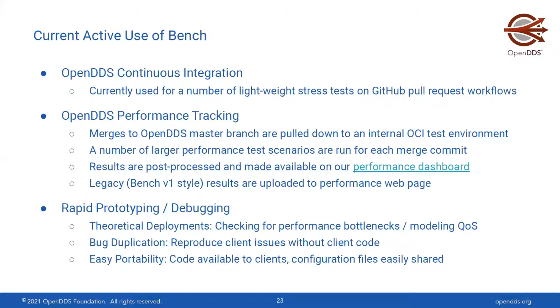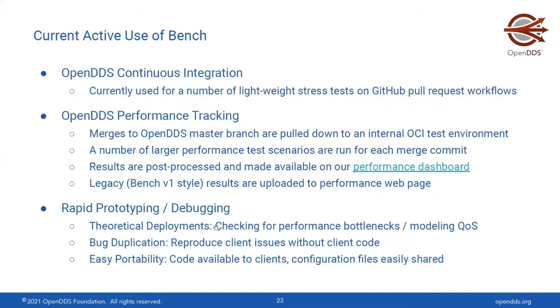Well, Bench also has the added benefit that you can use it to prototype, and you can use it for trying to duplicate bugs. Or perhaps you're thinking about building a brand new OpenDDS system, and you're not sure about the performance of OpenDDS, and whether it's going to meet your needs.